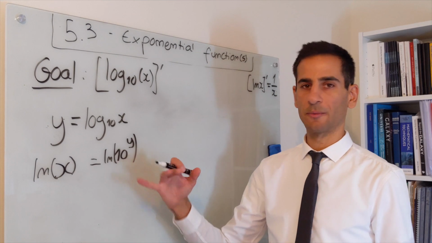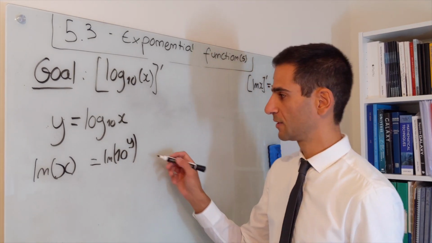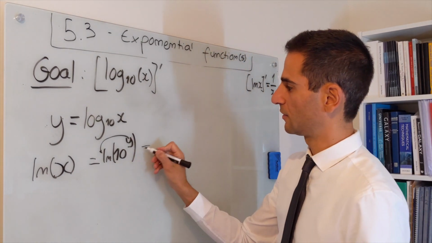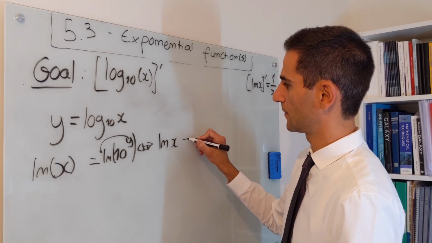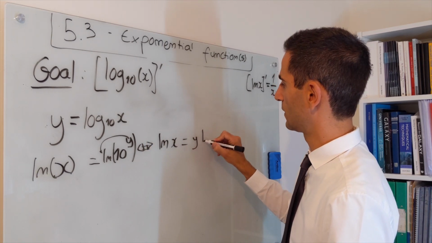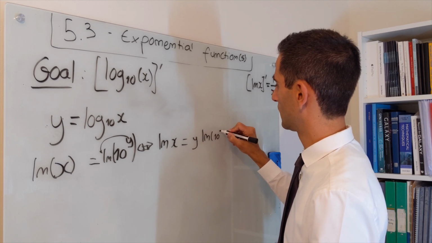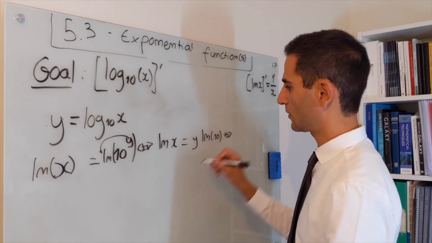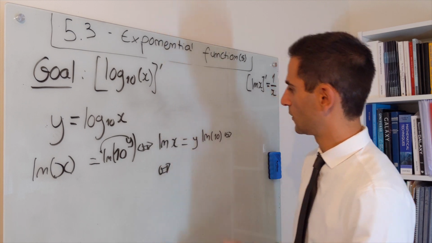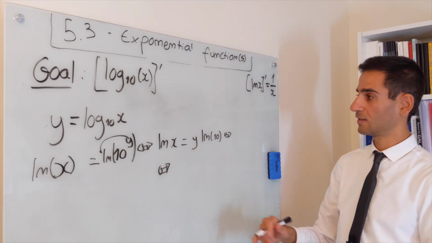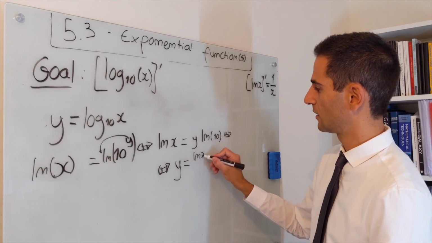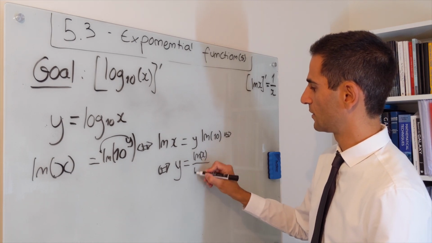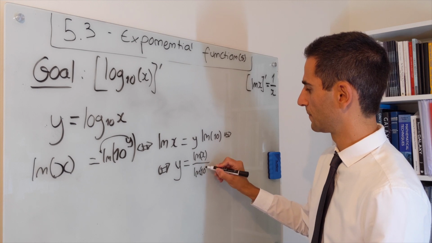Because of the properties of logarithms, if we drop the y there, we can rewrite this as ln x equals y ln 10. And also, we can take this to the other side and write that y equals ln x over ln 10.